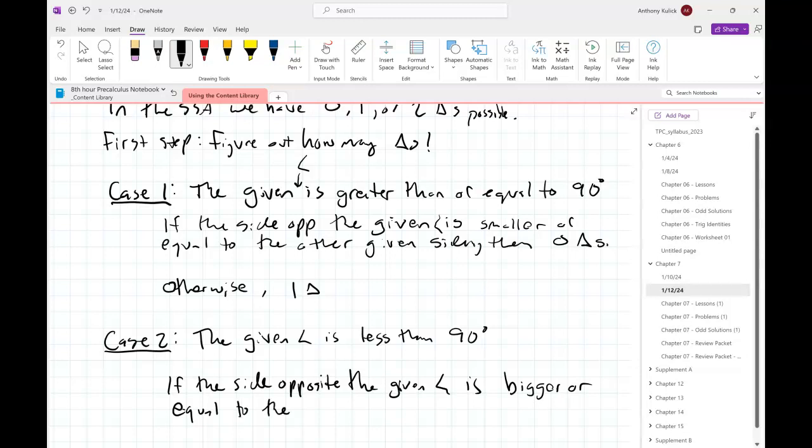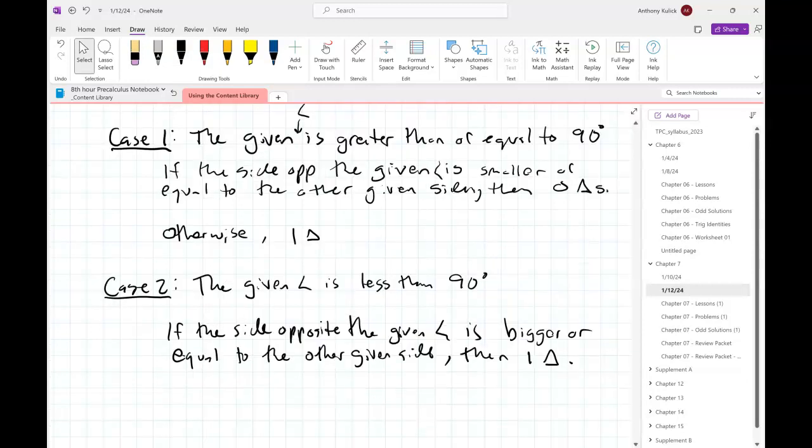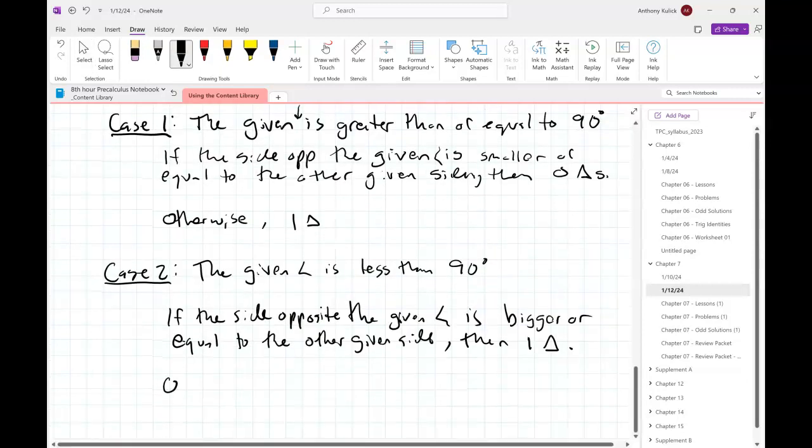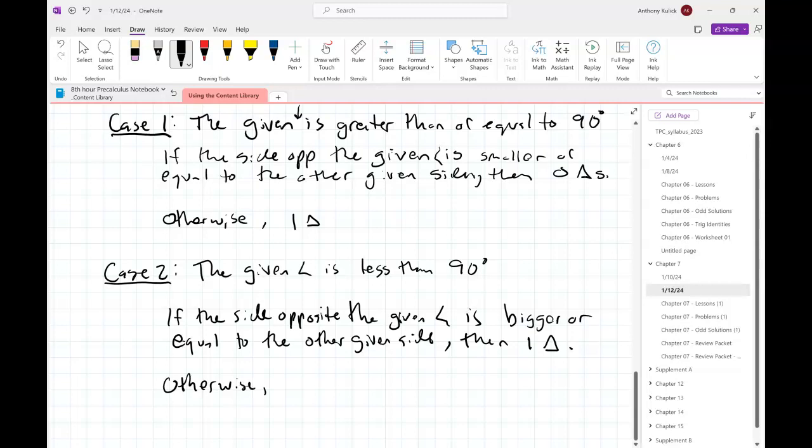So if that side opposite the given angle is bigger or equal to the other given side, then we just get one triangle. Otherwise, we can have 0, 1, or 2 triangles.